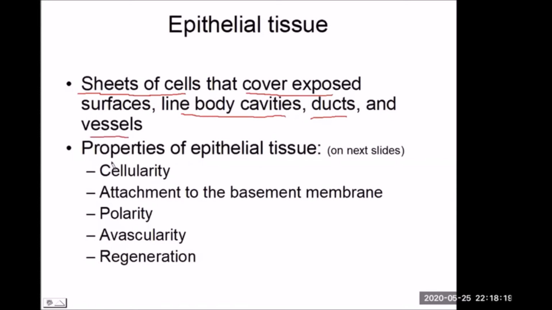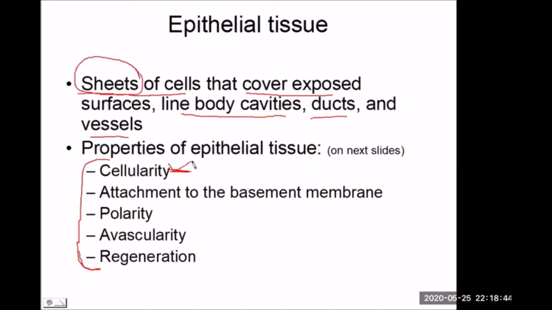And traits that we find in epithelial tissues are spelled out here. And we'll continue with these on the next few slides. But epithelial tissues have this trait of cellularity. And this goes right to this trait that there's an interconnected sheet of cells. So we'll describe how epithelial cells are bonded to their neighbors.